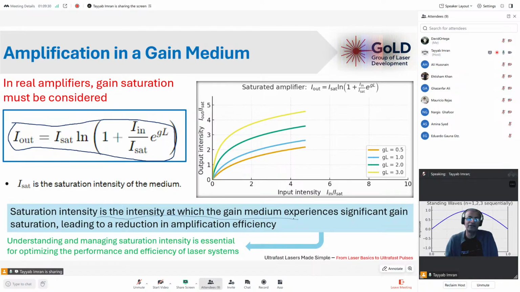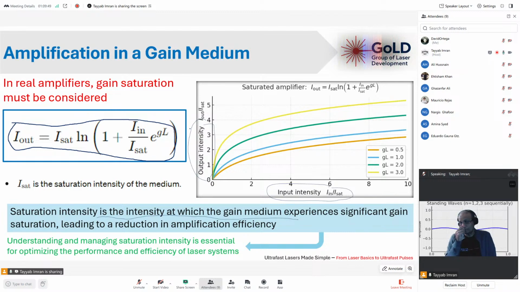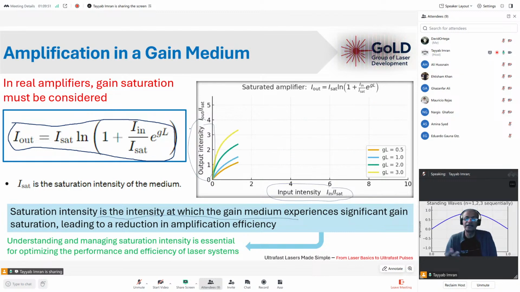And this management of saturation intensity is essential to understand. That is why this equation is important. If you see the plots on the right side, you have input intensity on the log x-axis, and here they have output intensity, I out over I sat.